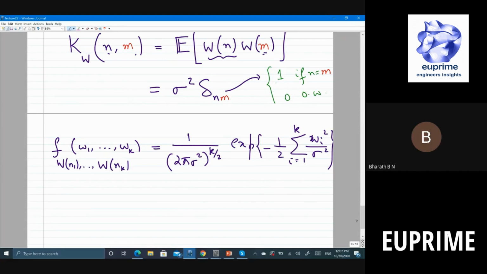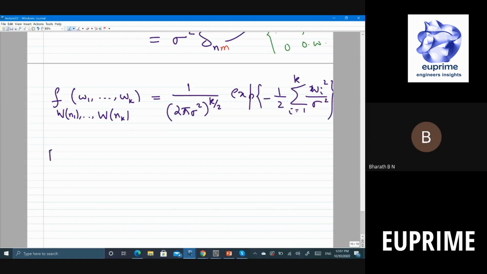Okay. Let's look at another example. Maybe it will be clear. This is an example which is again a discrete time example. So what I'm going to do is write this as S of n, which is the sum, i equal to 1 to n, of w of i.